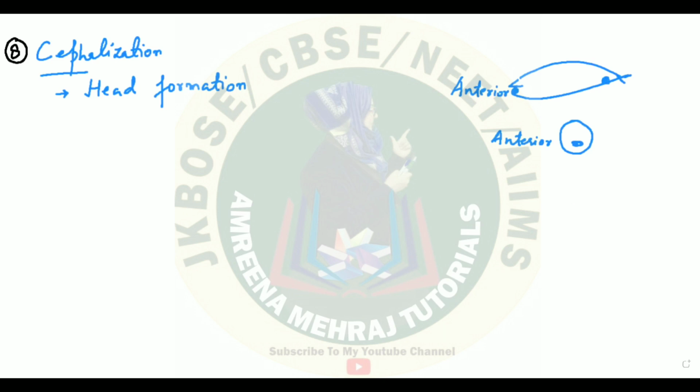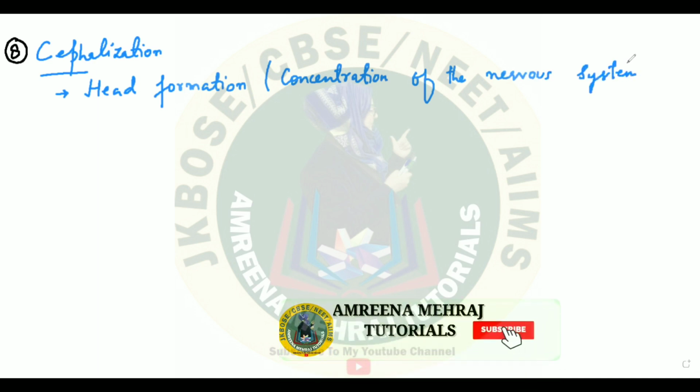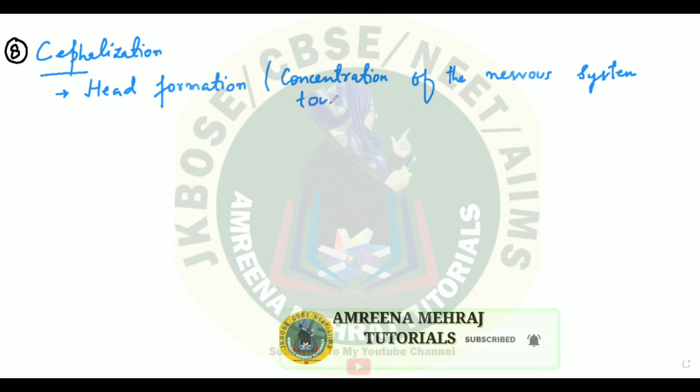Once we say head, we are talking about our central nervous system. So we can put it in other terms: cephalization is the concentration of the nervous system, because when we talk about head, we basically talk about neurons. Concentration of the nervous system where?